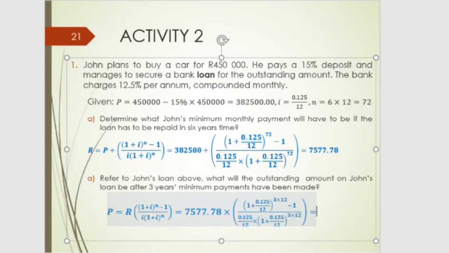Okay, so what would be the answer? Let me see how much it is going to be. It's 7577.78 multiplied by, open brackets, then how it's happening now.